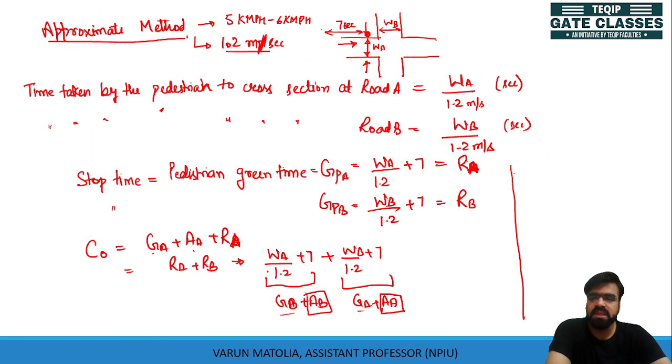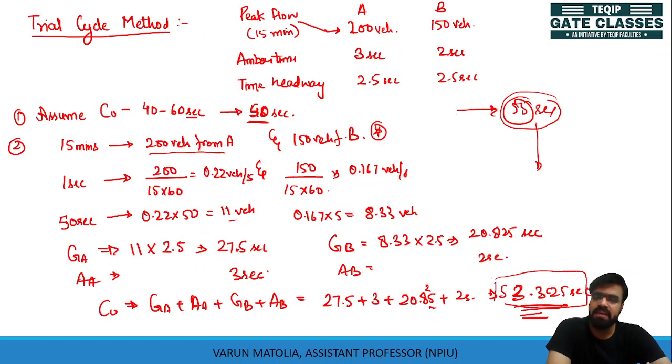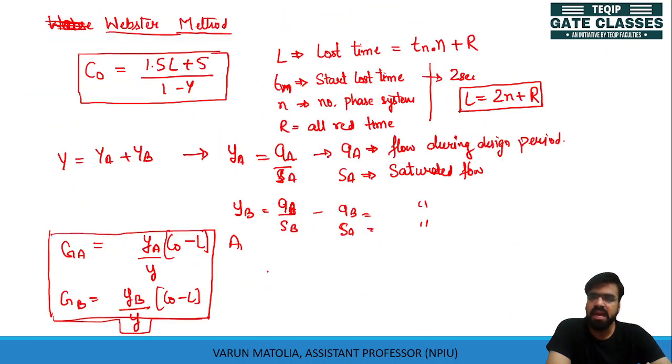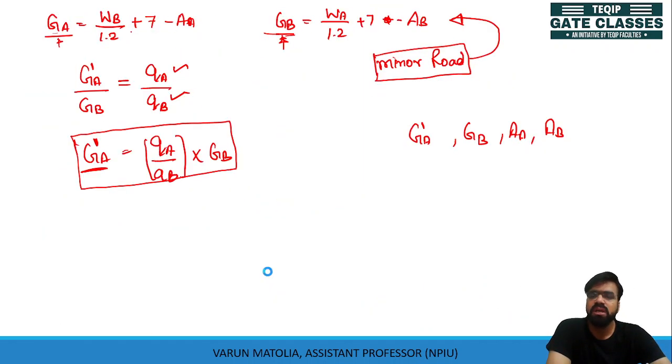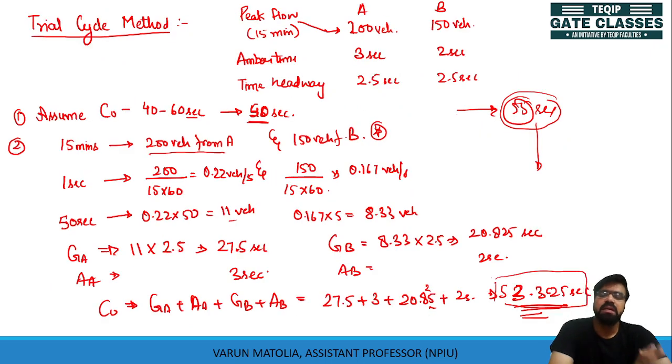The approximate method is based on your pedestrian volume and your traffic volume. Your trial cycle method is based on your sectional traffic volume, and your IRC method is based on your approximate and Webster method. So basic concepts should be known.